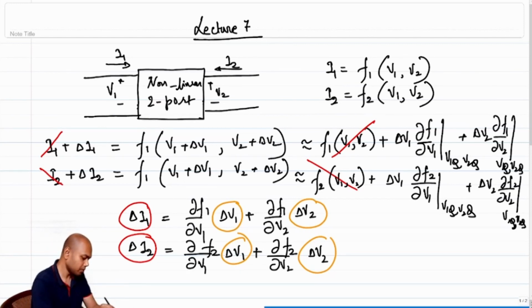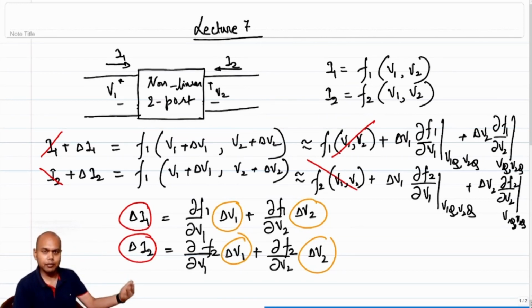So now we are in the domain of linear equations, linear circuit theory, which means that we can leverage all the mathematical niceties of sets of linear equations to enhance our understanding of the topic.